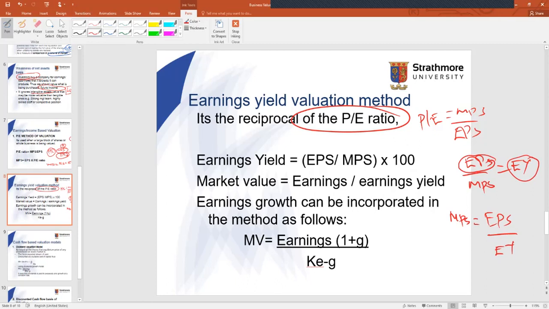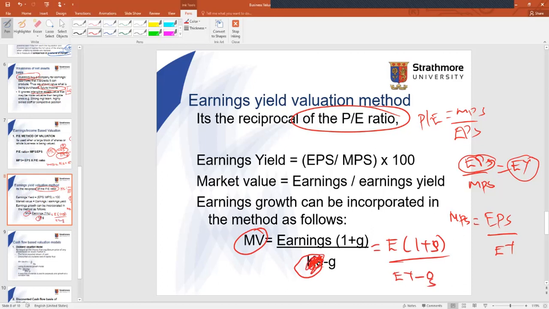If, however, there is growth in earnings of the company, then we need to factor in the growth. The market value of the business, or the MPS, is earnings times 1 plus G, where G is the growth in the earnings, divided by the earnings yield minus G. This is earnings yield, not cost of equity.